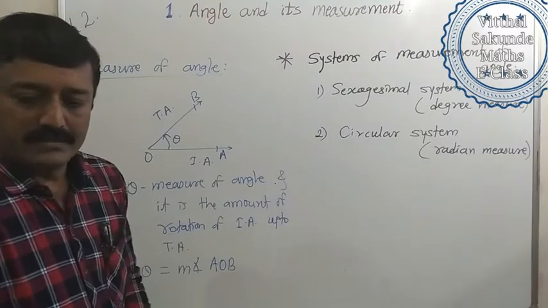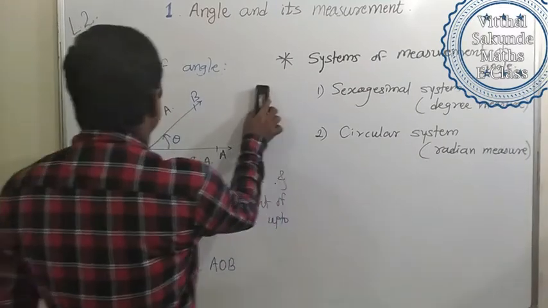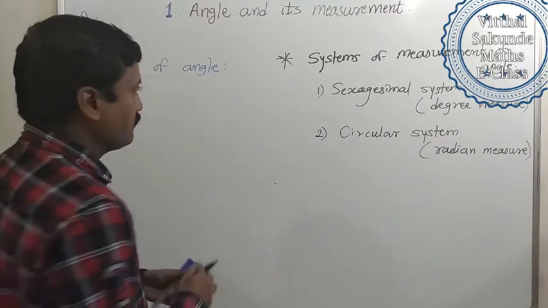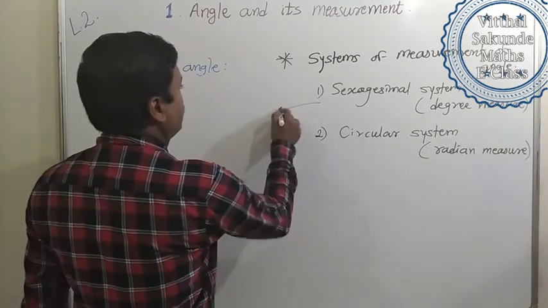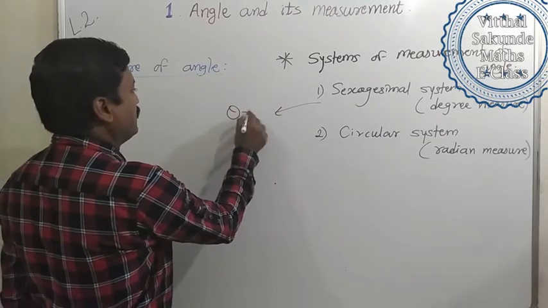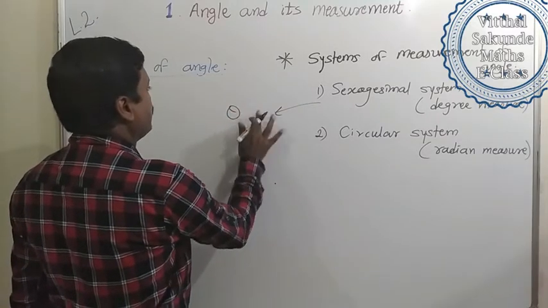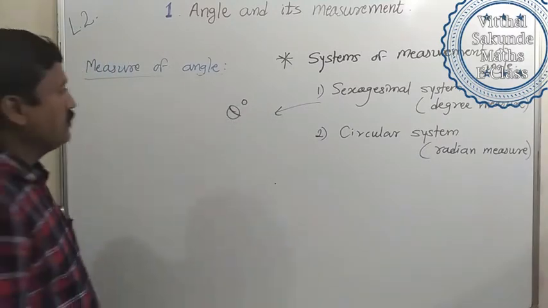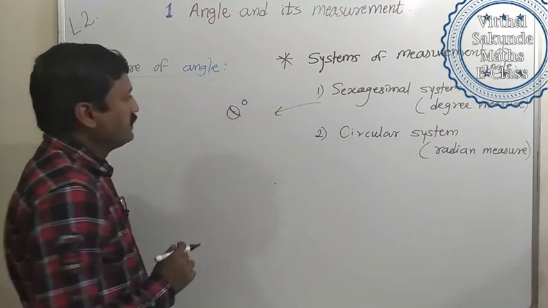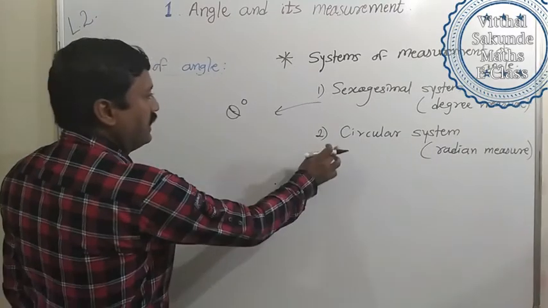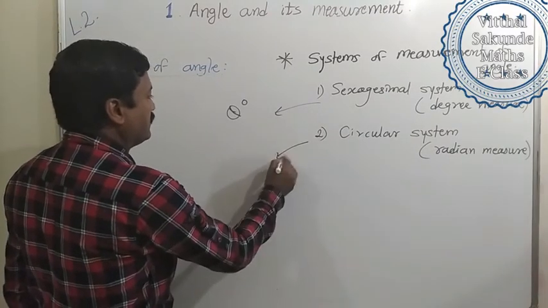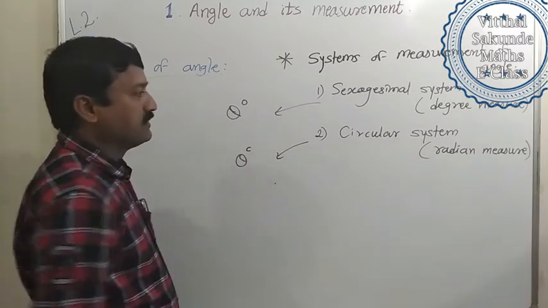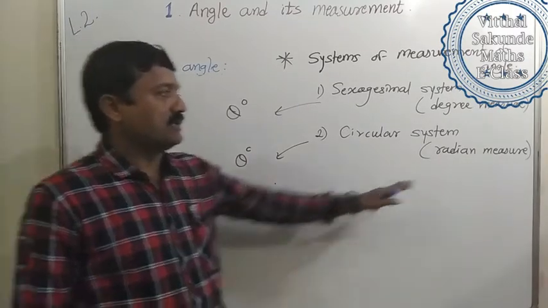We know that the unit of degree measure is degree. So in this system, the angle is measured in terms of degree, and it is written as theta degree. Degree is denoted by a small o in the upper right. In the circular system, the angle is measured in terms of radian, so this is called radian measure.